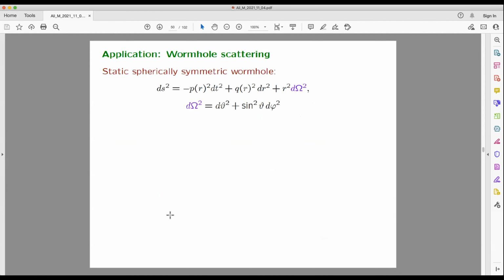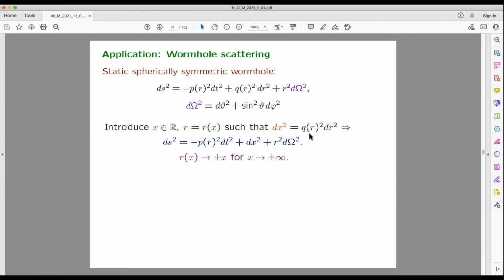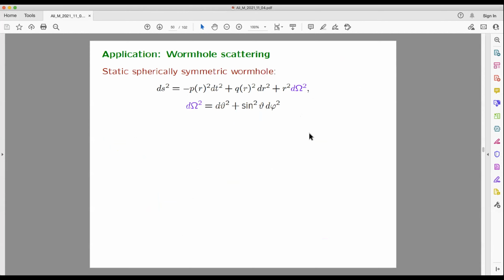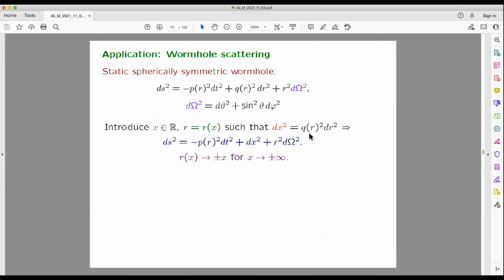So now let me talk about one of the applications. This was actually our starting point. Consider a static spherically symmetric wormhole space-time given by this metric. Omega is just the solid angle in spherical coordinates, and P and Q are some functions of the radial coordinate.